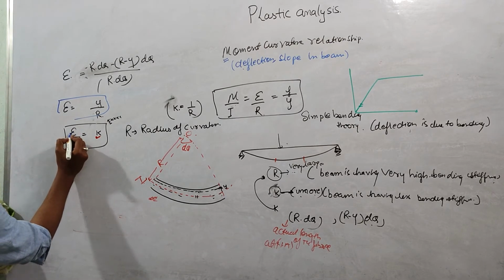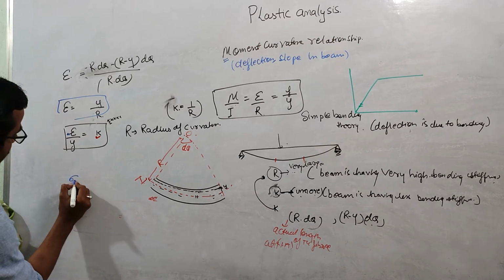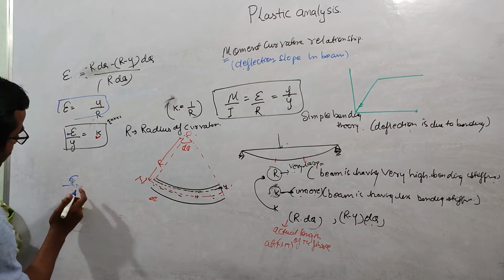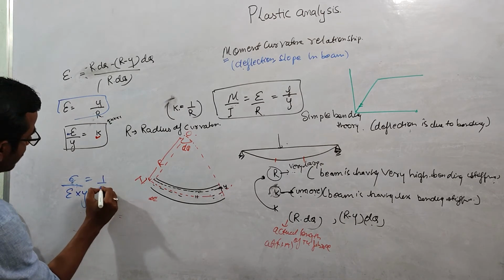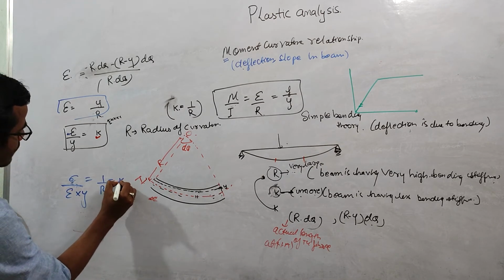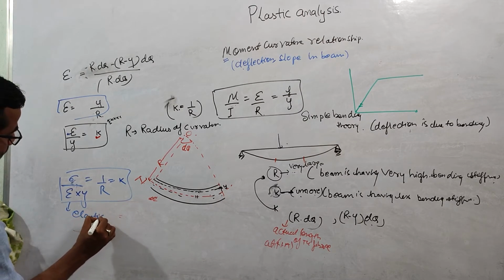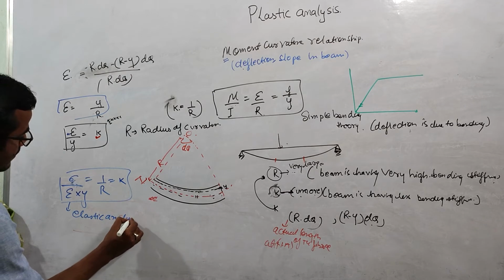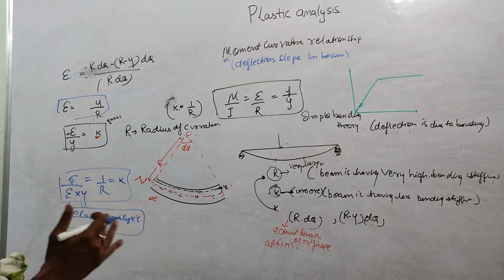If you want to replace this strain by stress, you can write this will be equal to sigma over E, sigma over E into y equals to 1 over R, and this is equal to k. So this is valid for this elastic analysis, where our beam is bending and it is under elastic state.